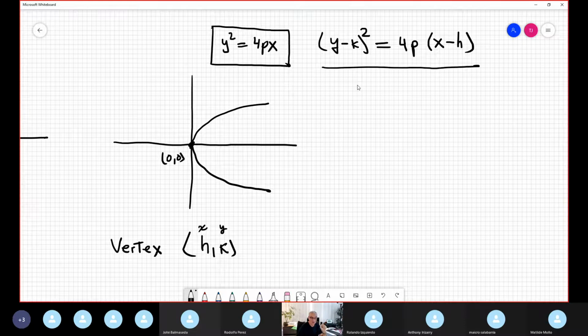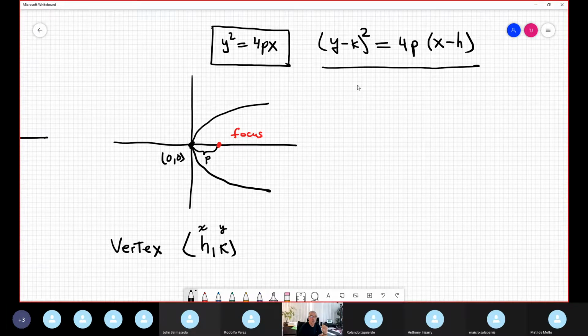Second important point, focus, only one. Focus. It's different to the ellipse. Ellipse have two foci. Parabola have only one. And the distance from the vertex to focus is p. So this distance is p.